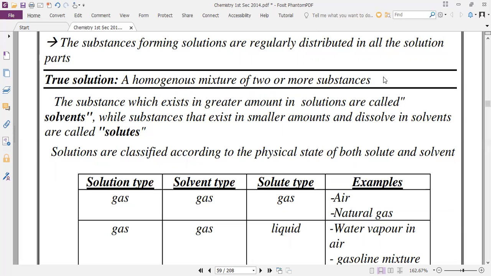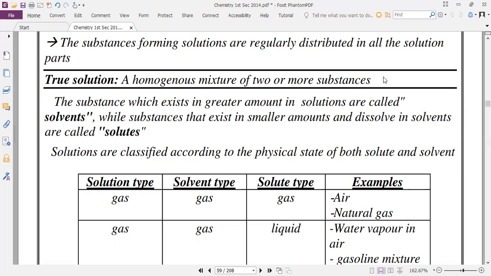The salt. Excellent. So it can be called solute. Which substance dissolves in the other substance? The salt dissolves in water. Excellent. So salt is also called solute. Which substance dissolves the other one? The water. So it's called solvent.